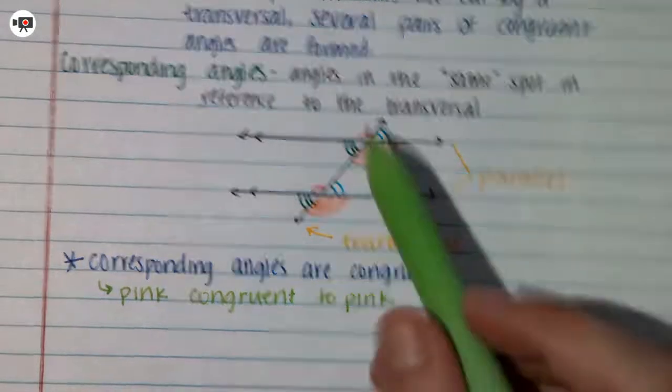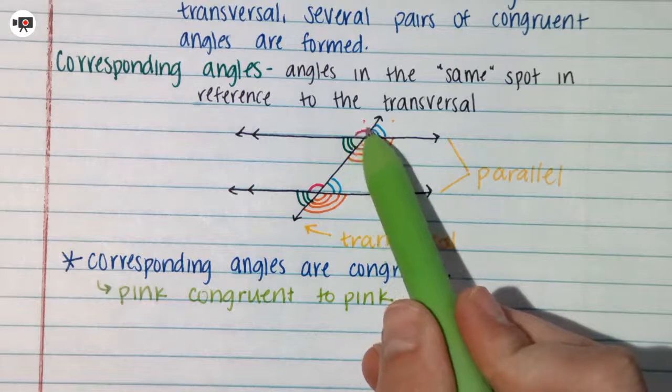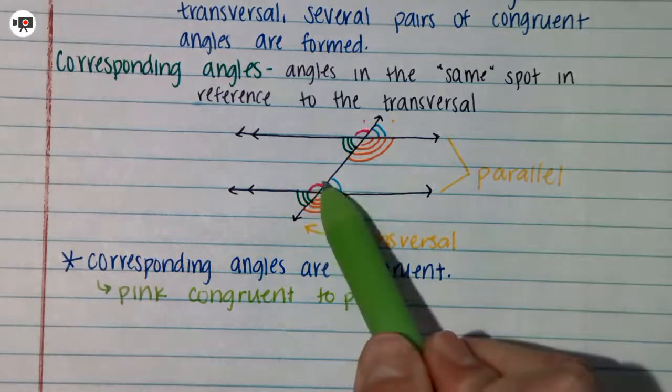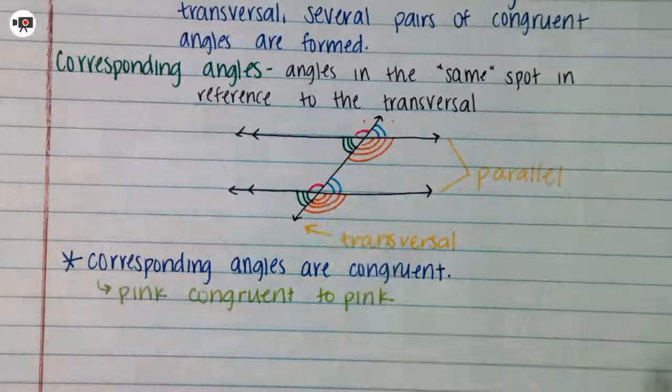So this angle is congruent, meaning they have the same measure. They are exactly the same as this one here. Pink and pink, green and green, blue and blue, orange and orange.